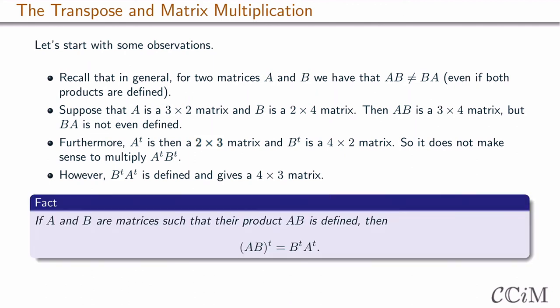In fact, it is true in general that if A and B are matrices such that their product A times B is defined, then the transpose of A times B can be found by taking the transpose of B and multiplying it with the transpose of A. So notice that it's B transpose times A transpose, not A transpose times B transpose. So you have to flip the order here in order for the dimensions to make sense.